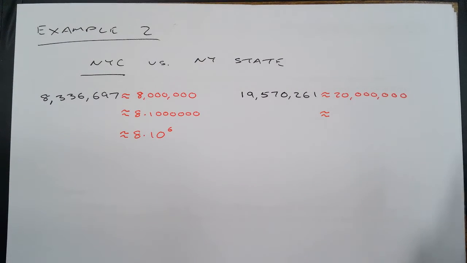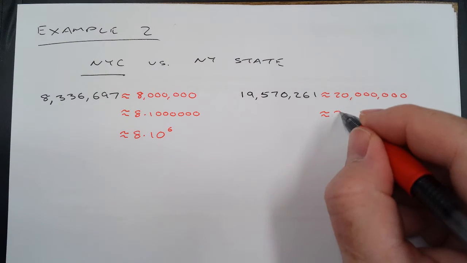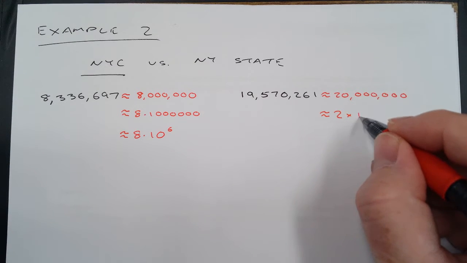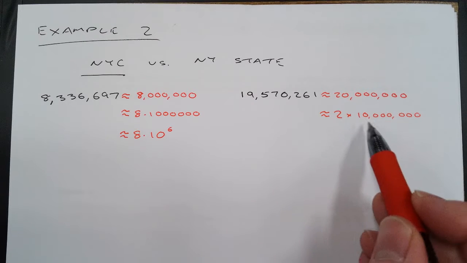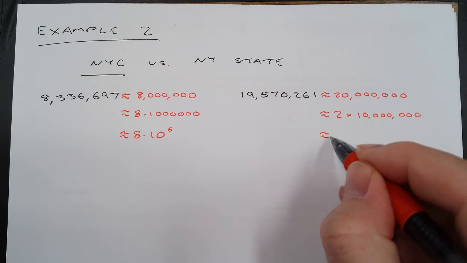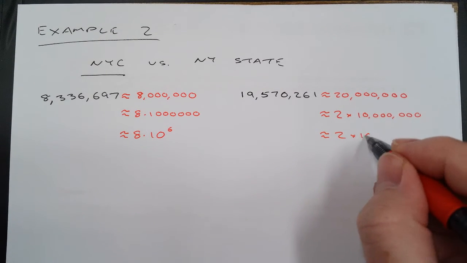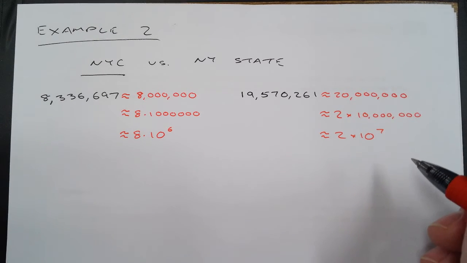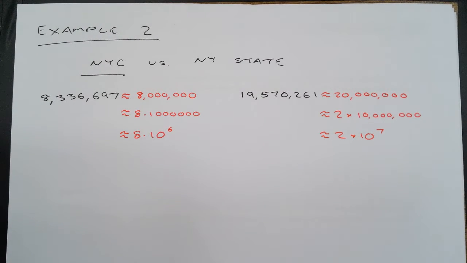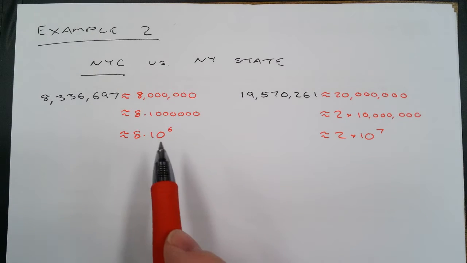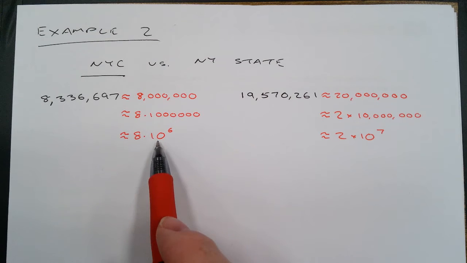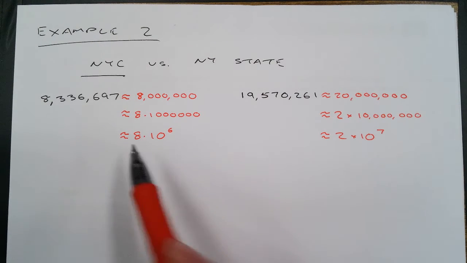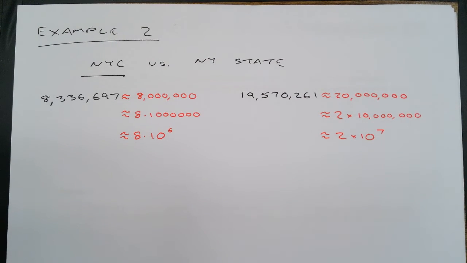The 20 million for New York State is 2 times 10 million. All I did is pull the 2 out. And 10 million is 10 to the 7th. So you see, this is just like lesson 7, except I'm pulling out a number in front of the 10 with the exponent. The math works out the same.